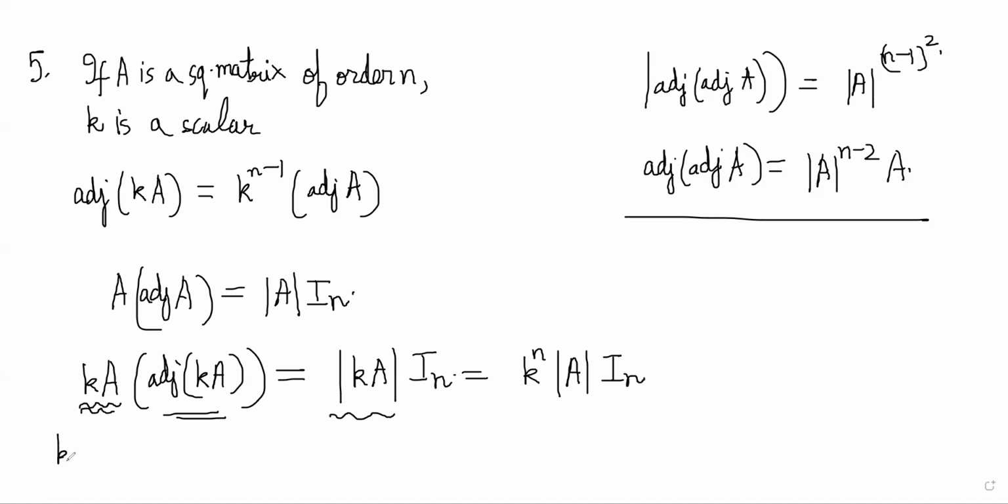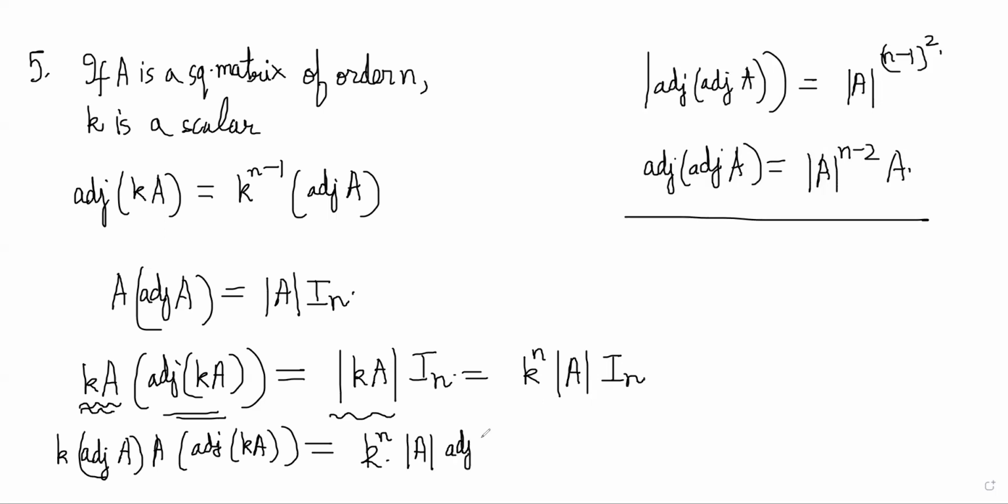If you pre-multiply with adjoint A, you get K adjoint A times A, and adjoint of Ka. You will get this side K power n, det of A, and adjoint of A. And adjoint A times A becomes det of A In, right?